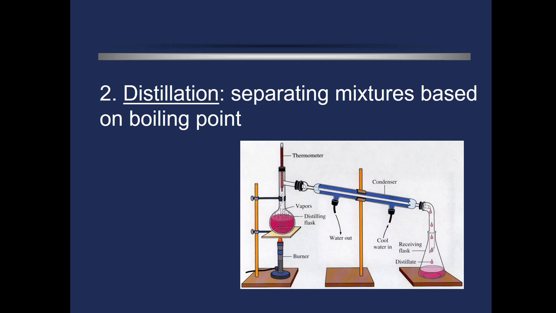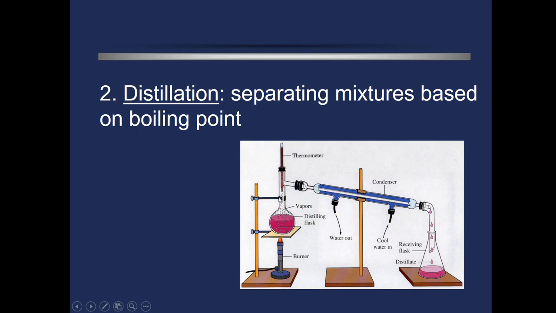Distillation is a way of separating mixtures based on boiling point, and it's a way to separate out a mixture of two liquids. They would both need to have different boiling points. So you would put the liquid mixture over low heat, and then you would watch your temperature closely, and you would keep the temperature at the boiling point of the liquid that has the lowest boiling point.